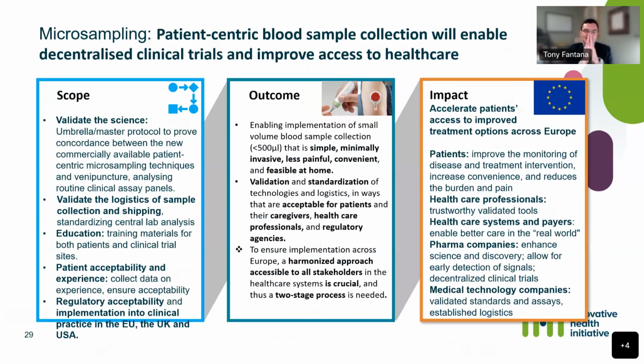There is a change in order of magnitude that's possible, and yet we don't do it, because we've been used to taking the same Vacutainers, the same 4 or 5 milliliters of blood, for 70 plus years. So that's really the focus. It's not one disease.